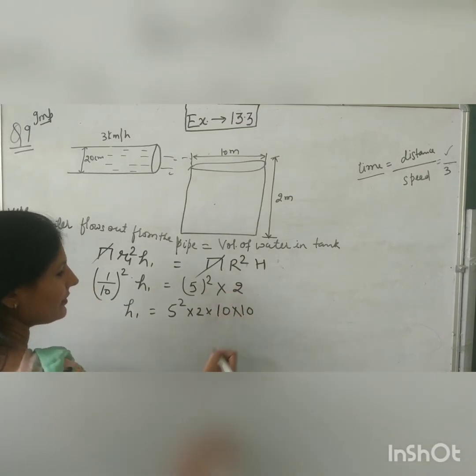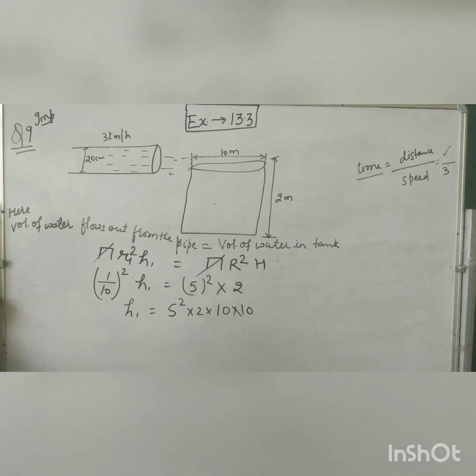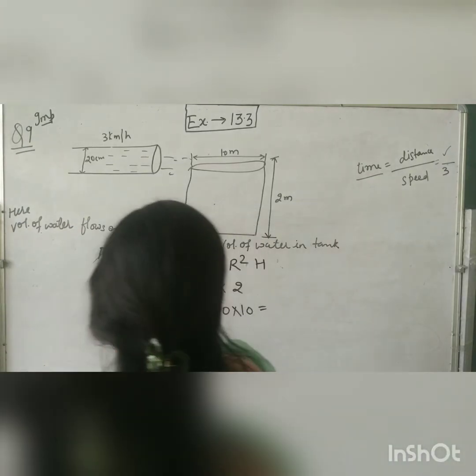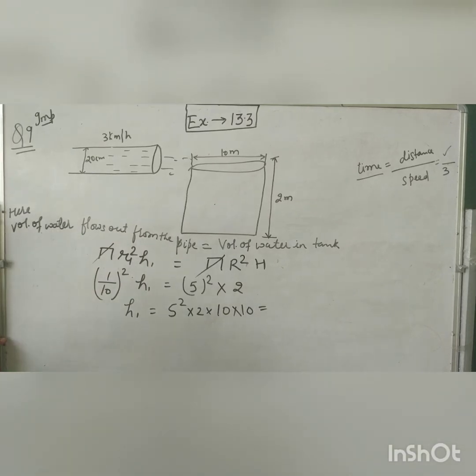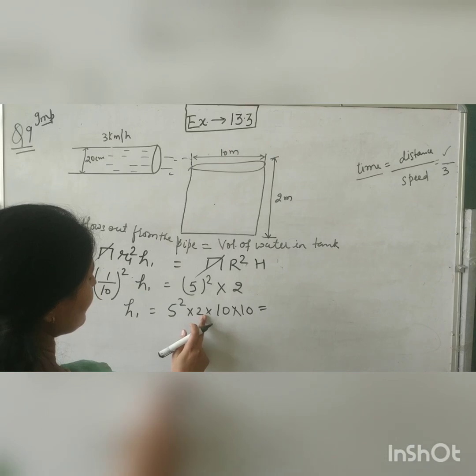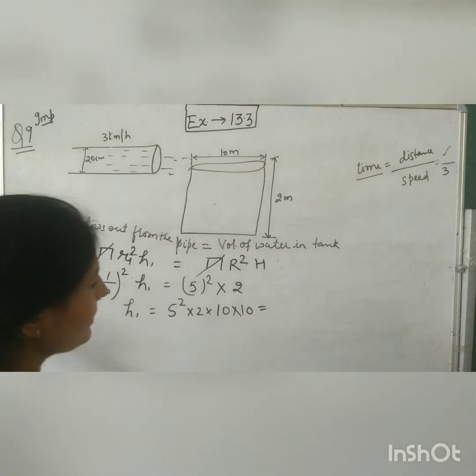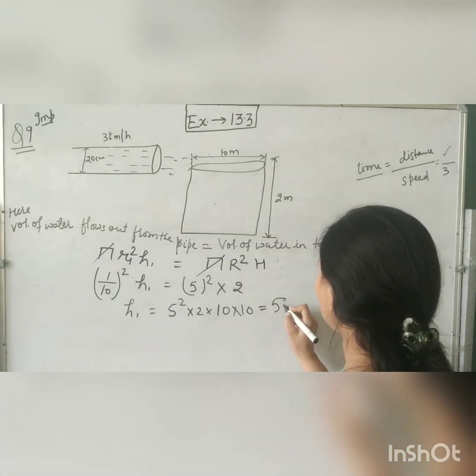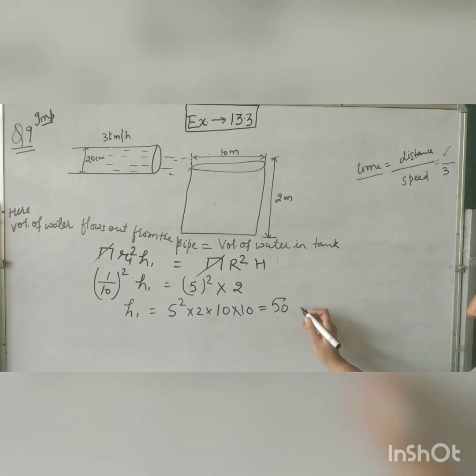It will be like this. Okay. Height of the pipe will be 5 5s are 25, 25 twos are 50, 50 into 100. It is 5,000 meter, right?